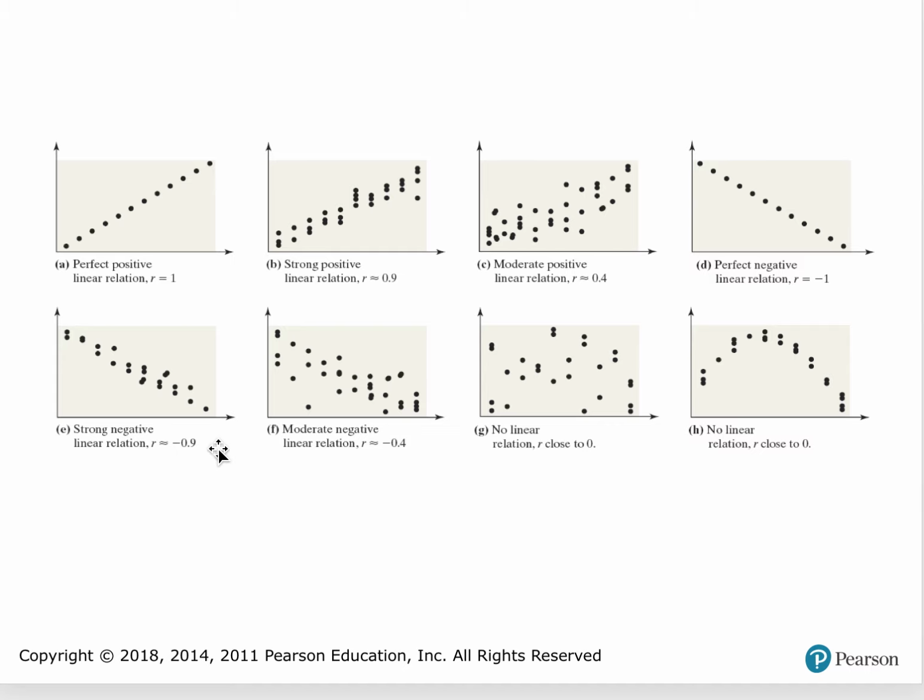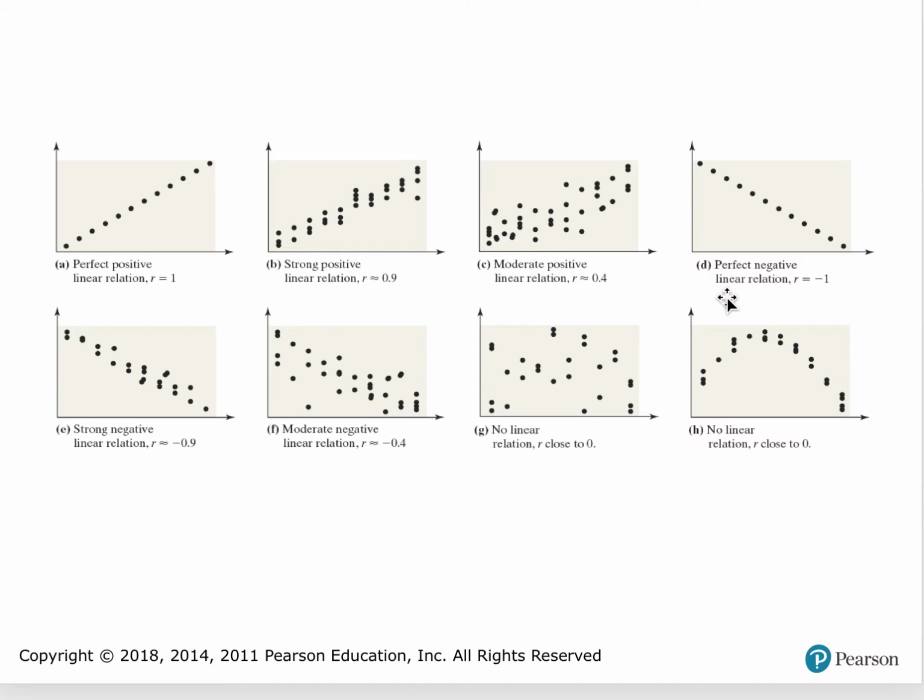So here that is visually. Here's if r equals 1, it's a perfect positive linear relation line. This is r equal to 0.9, so it's a strong line. We can see an obvious line there. Here we've got a moderate one, r is about 0.4, moderately linear, maybe.